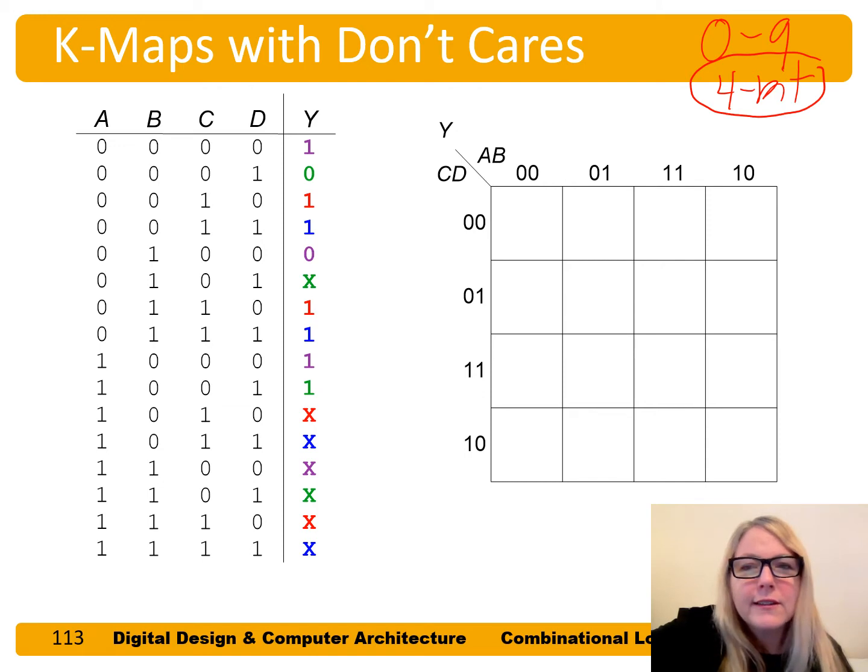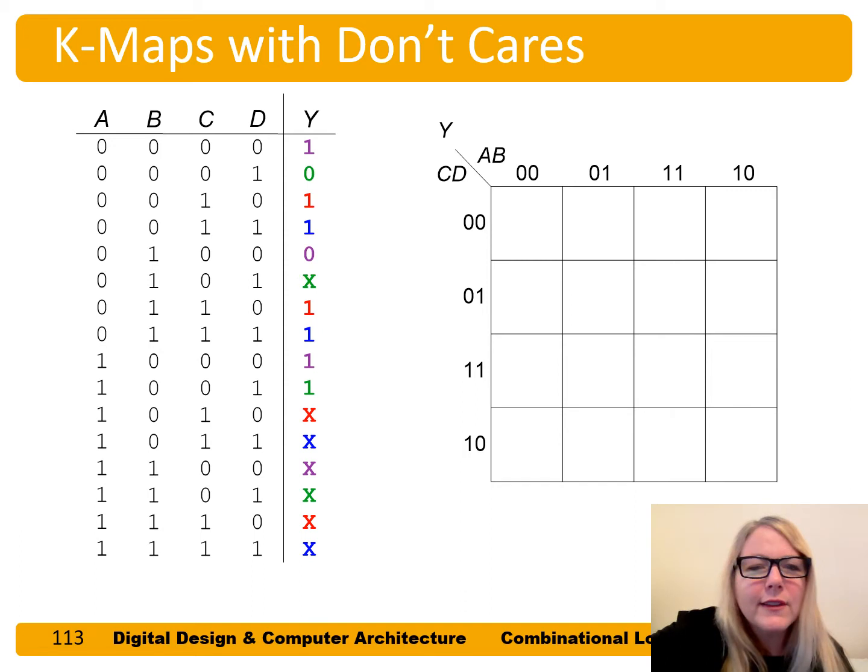And so here's a function with some don't care outputs. That means we don't care if it's a 0 or 1. It has to be one of those, but we don't care what it is. We enter this function exactly the same way that we enter our regular K-map with just 1s and 0s.